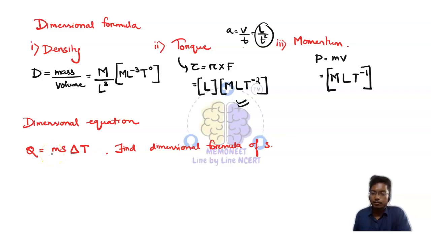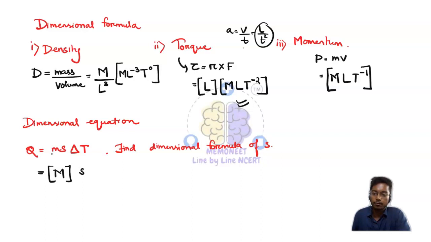Then let's see the second question, that is Q equals m s delta T. Q is the heat here, m is the mass, s is the specific heat, and delta T is the change in the temperature. You have to find out the dimensional formula of specific heat. For the mass the dimensional formula is M. For the specific heat, let's say we don't know, let it be kept as it is.